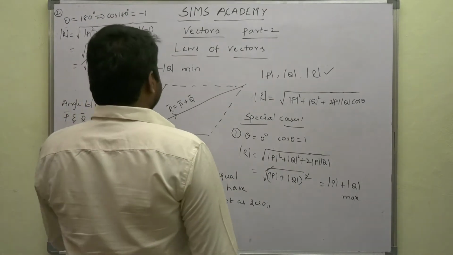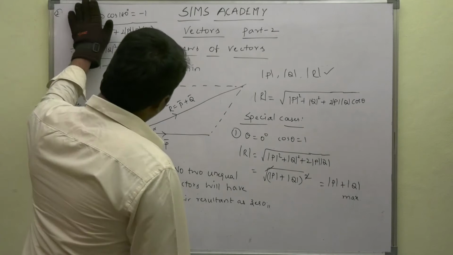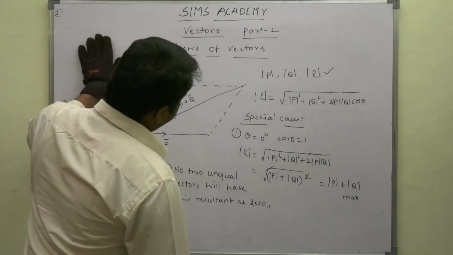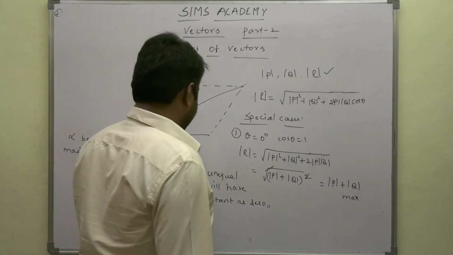Okay, we got the magnitude of the resultant. Then what about the direction of the resultant?